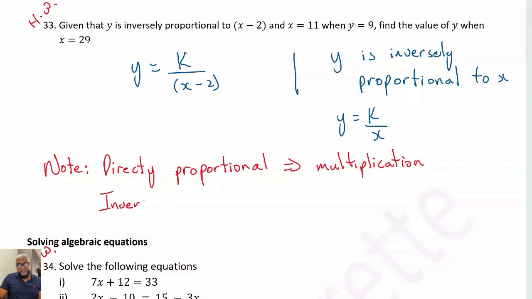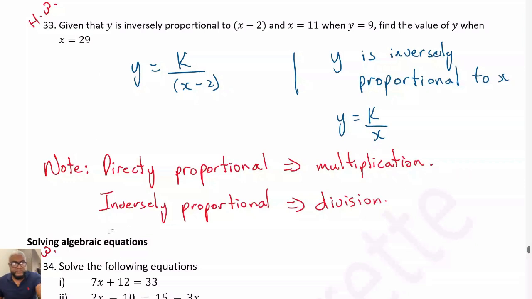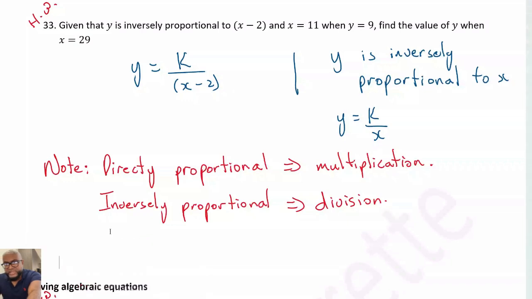Inversely proportional implies division, right? So I'll put 2 examples here. Right, so example.